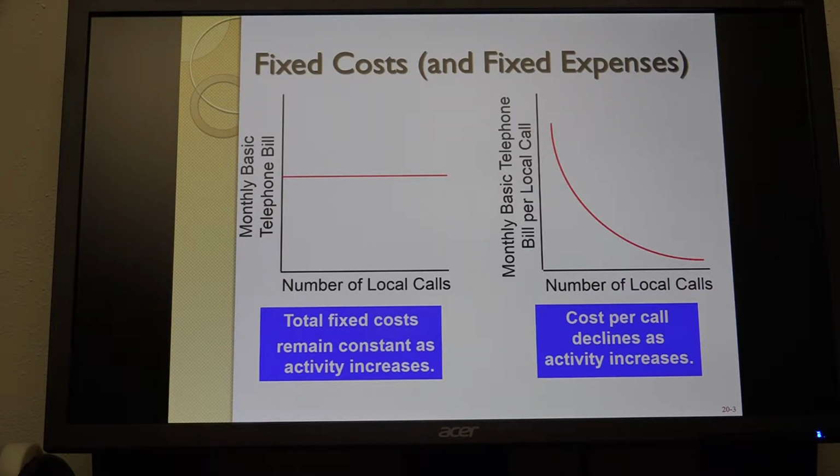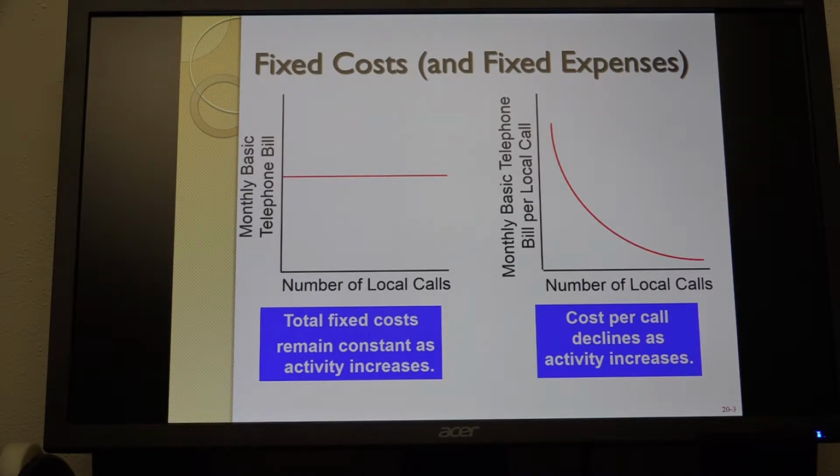Now, the other type of cost you can have, we'll get to that in a minute. Note that the fixed cost goes down as a per unit cost.